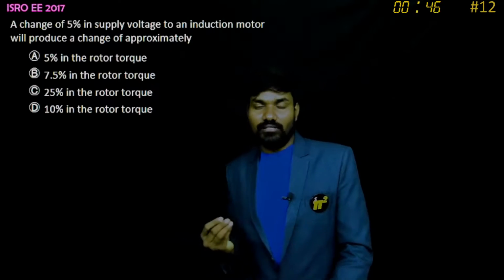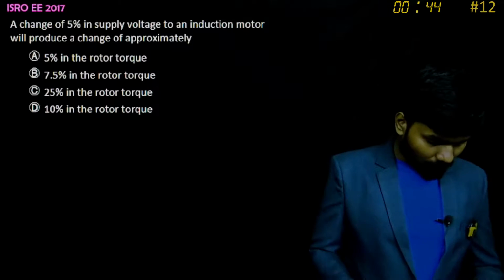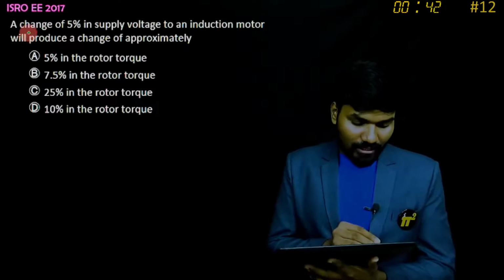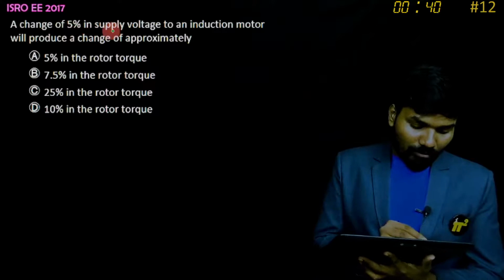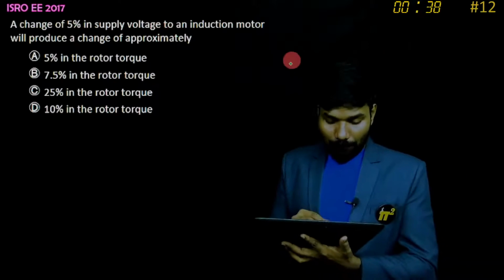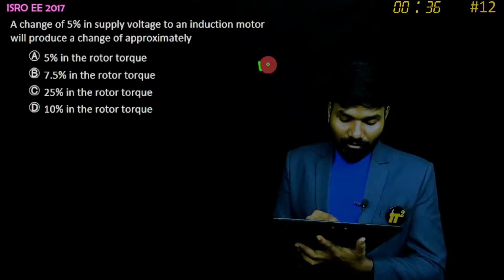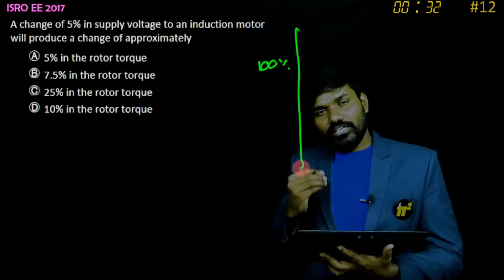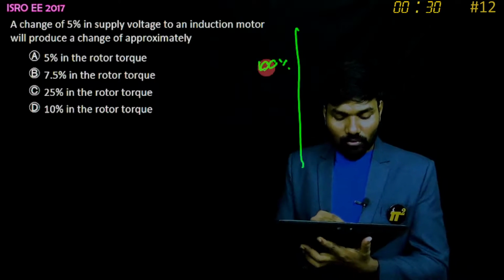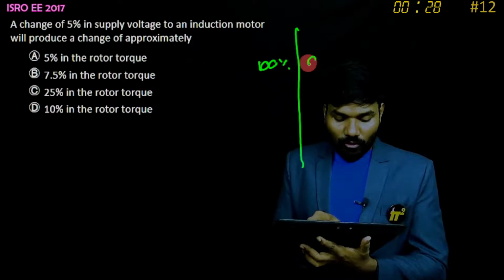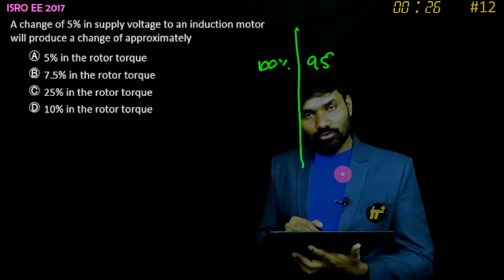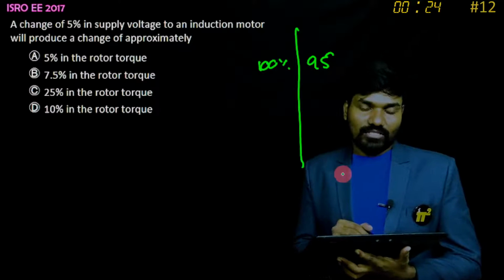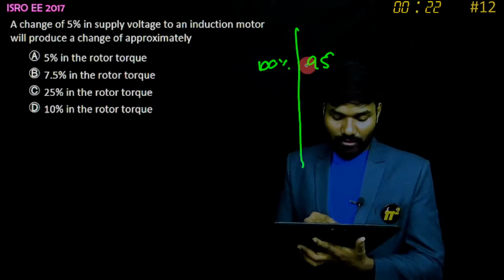It's a 5% change. Careful. Here, a change of 5% in supply voltage means, if you take the first case as 100%, the voltage is maybe 100 volts. So the new voltage is maybe 95 volts. That's what a 5% change is.